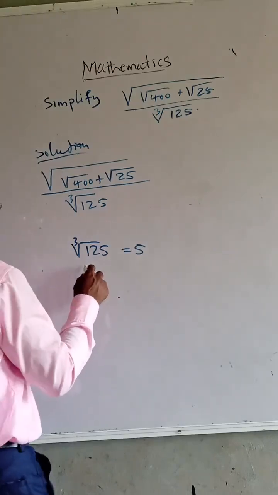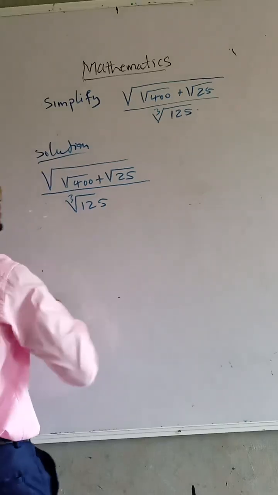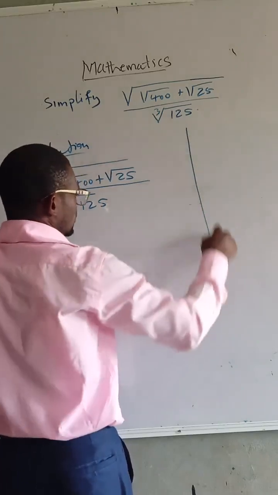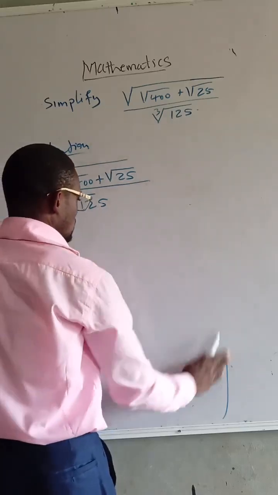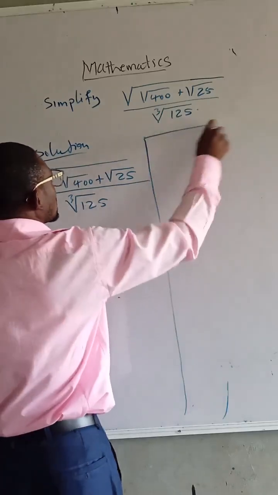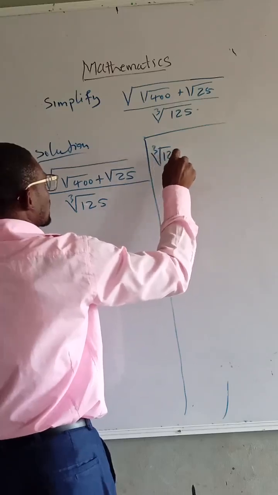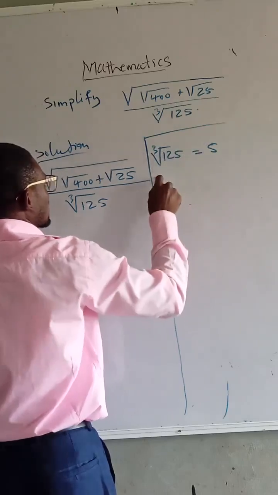Let me put it aside. What I'm saying is that the cube root of 125 equals 5.